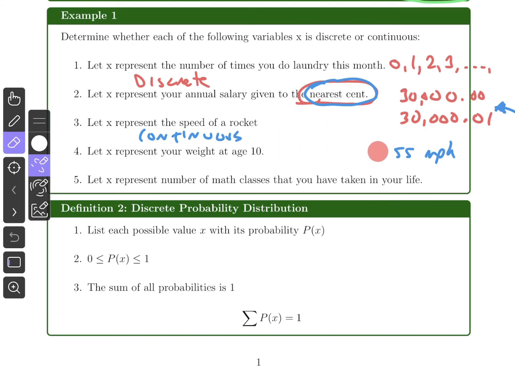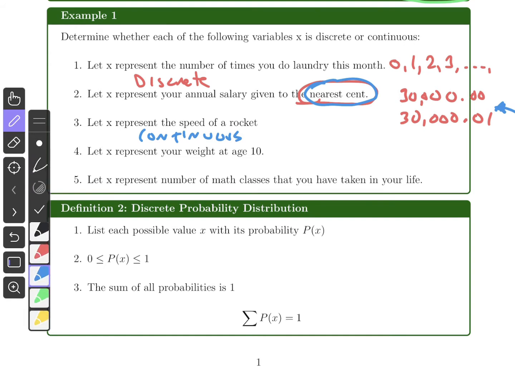And then x represents your weight. Well, same thing with the height. Typically, this is going to be continuous if I don't mention anything about rounding. And the rounding is due to the accuracy of the tape measure and the scale.